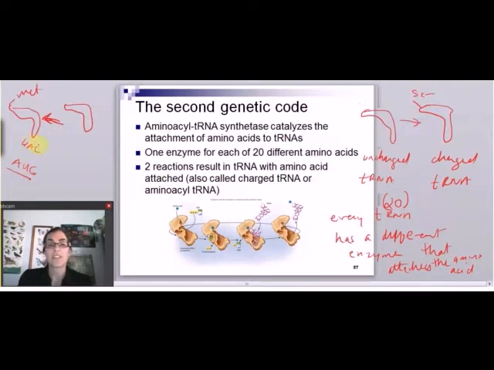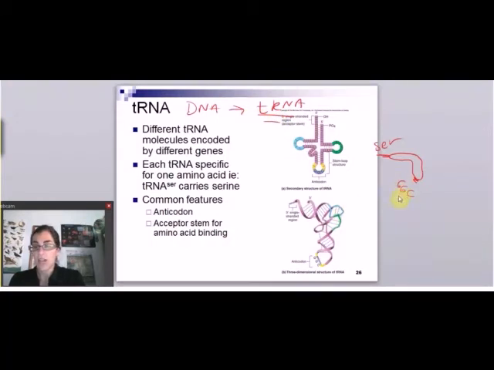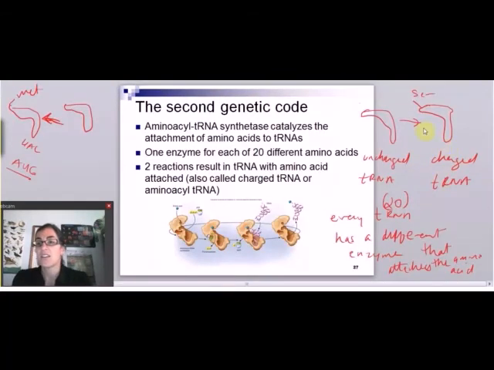So some tRNAs have UAC, other tRNAs, like this one we were looking at, has GGC. So this one has GGC in this position. So it's not going to code for methionine. It's not going to match methionine. So again, it's called the second genetic code because there has to be a perfect match between the tRNA and the amino acid in order to get the right sequence.